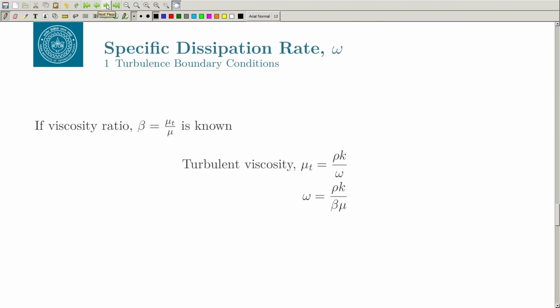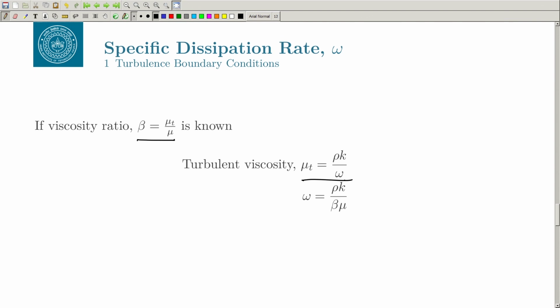Now, let us go to the specific dissipation rate. So, now we are talking about the SST k omega model or just the k omega model. Okay. There also the philosophy is the same. You know the viscosity ratio and you know how your eddy viscosity is related to the turbulence kinetic energy and the specific dissipation rate.